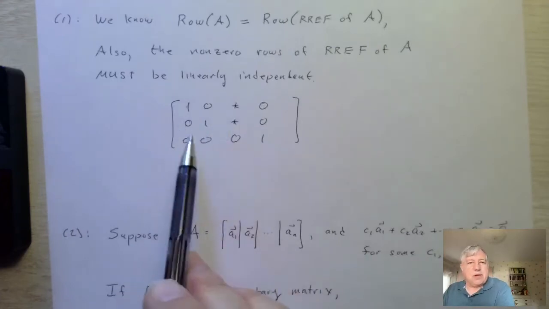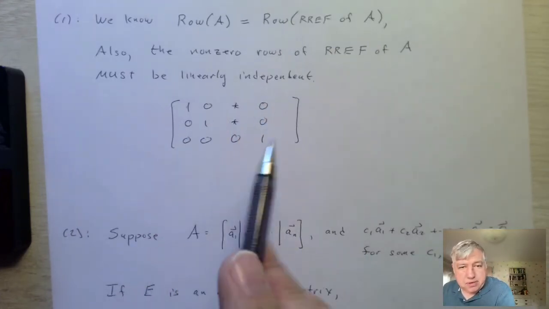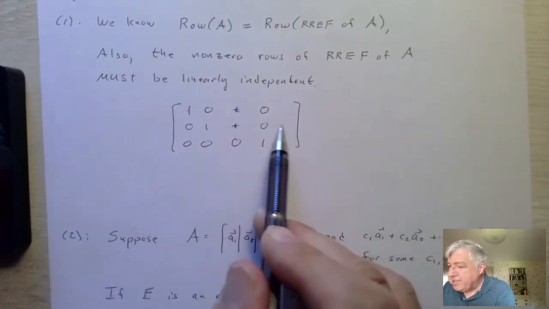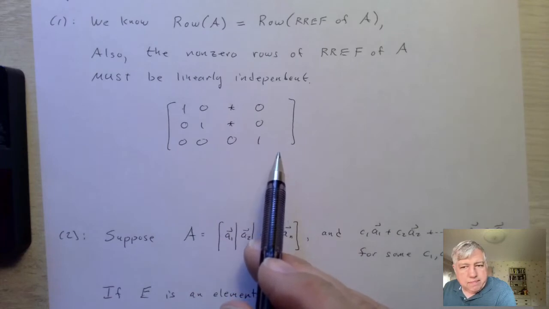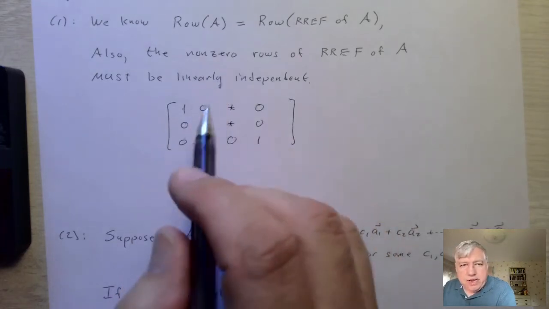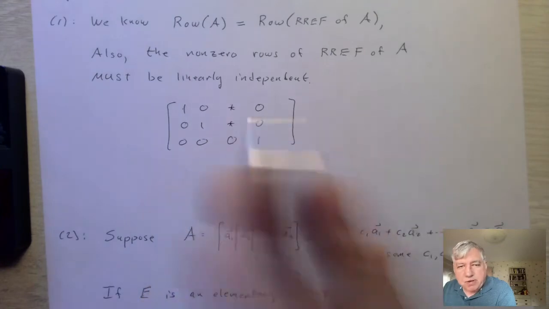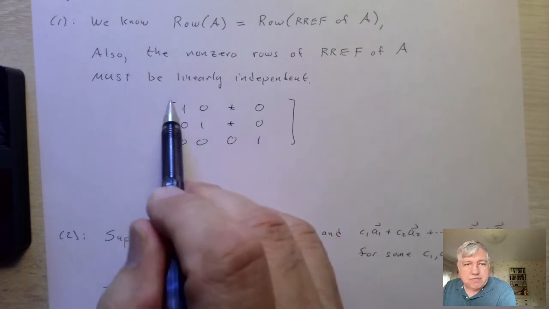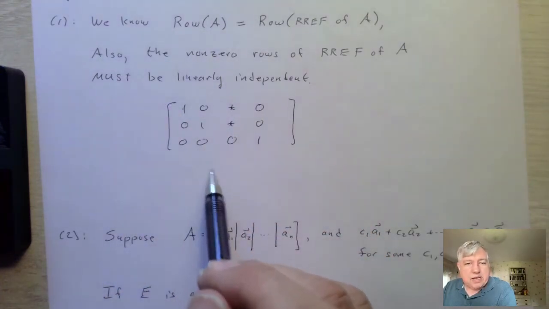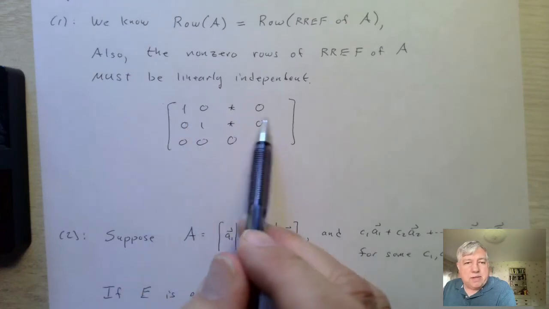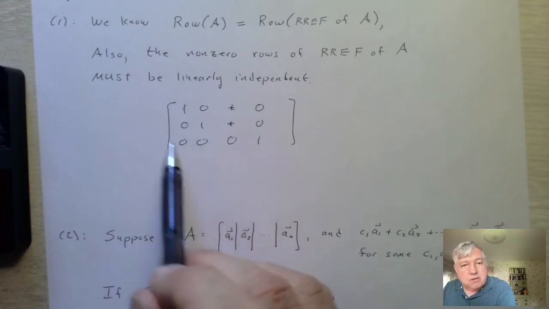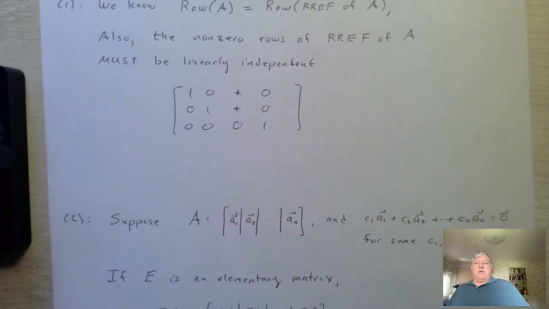These three rows have to be linearly independent because if we take something times this row plus something times this row and something times this row, and set that whole linear combination equal to 0, the only way the first component can be 0 is if the first scalar is 0. The only way the second component can be 0 is if we multiply this row by 0. And the only way the fourth component can be 0 is if we multiply this row by 0. So the non-zero rows are linearly independent, they span the row space, and so they're a basis.